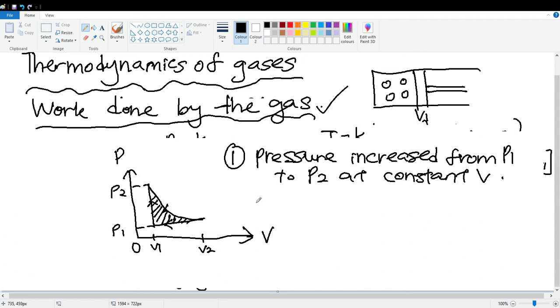Of course, the temperature also changes in the first part. As for the second one, we have the isothermal process. So let me just think about the sentence.